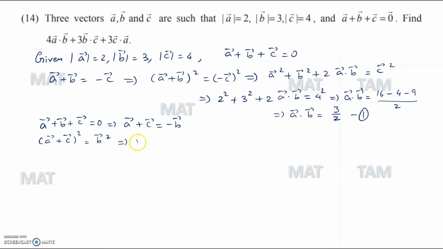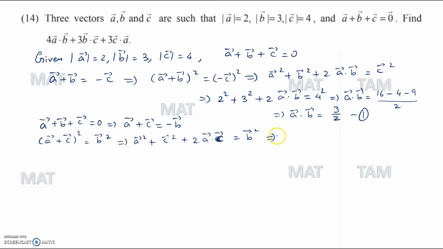So which is equal to vector A squared plus vector C squared plus 2 times of dot product of A and C is equal to vector B squared.